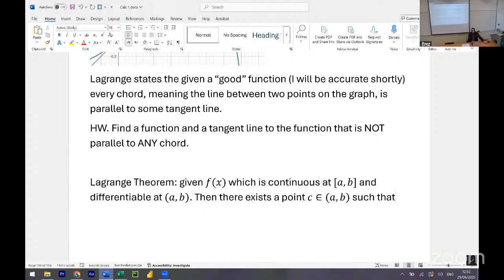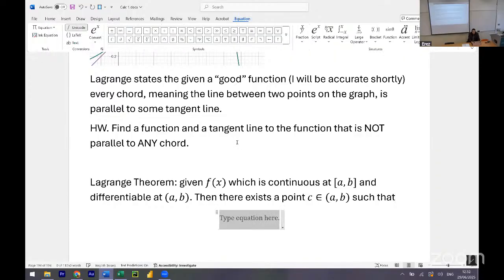The derivative, right? Such that the derivative at C is parallel. What does it mean that it's parallel?